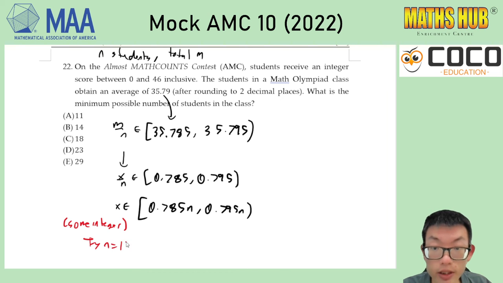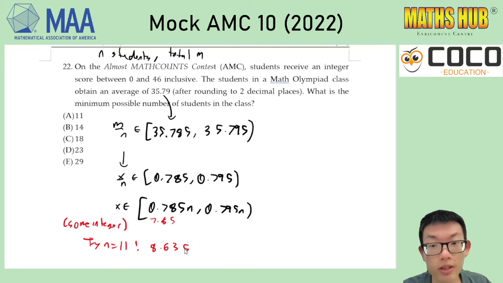So try n equals 11, slightly annoying, but multiplication by 11 is not so bad. Right? Just take 7.85, which is 10 times, plus 0.785, you would get 8.635. And that's not close enough, right? This is only going to be 0.11 away.